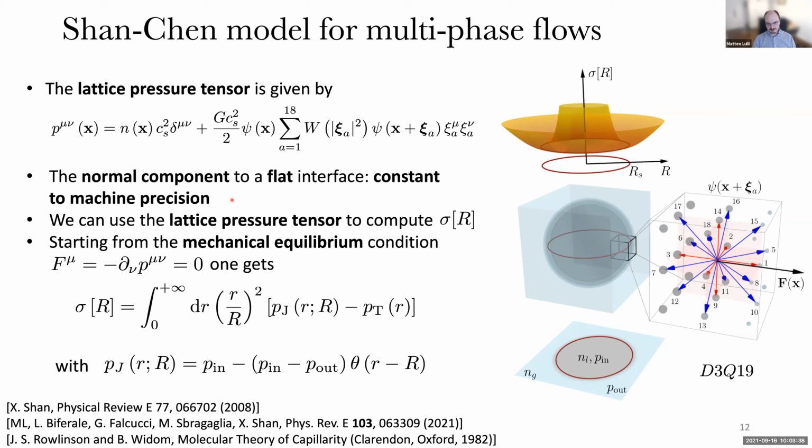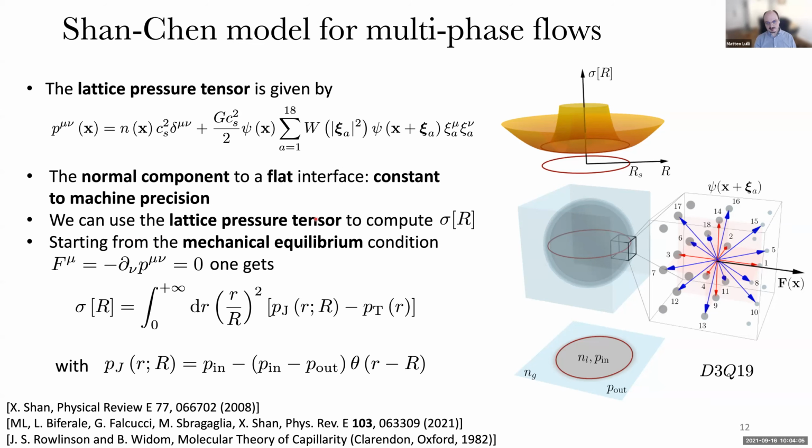The important feature of this lattice pressure tensor is that, for example, the normal component of a flat interface is constant to machine precision. So the mechanical equilibrium condition is completely realized on the lattice, clearly not in the continuum. This property allows for very precise estimations of the bulk properties at equilibrium.